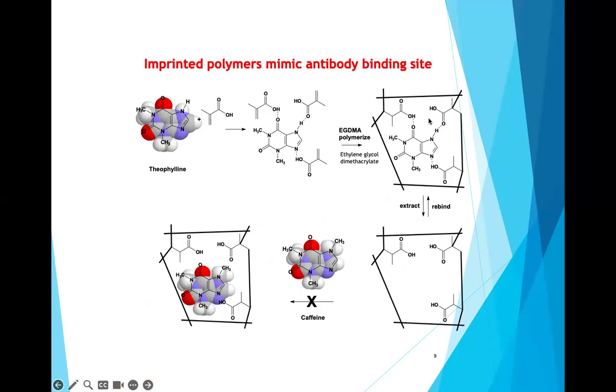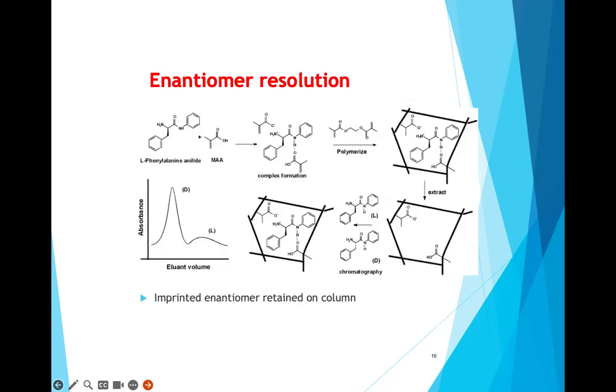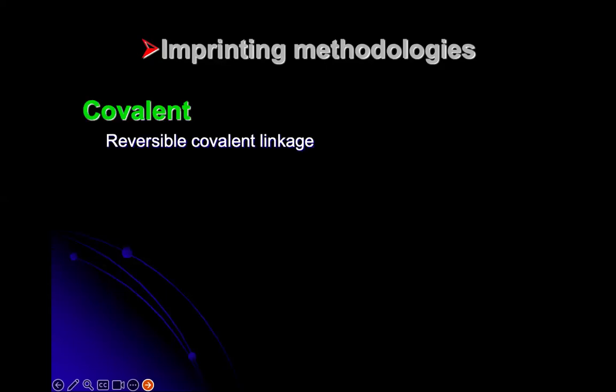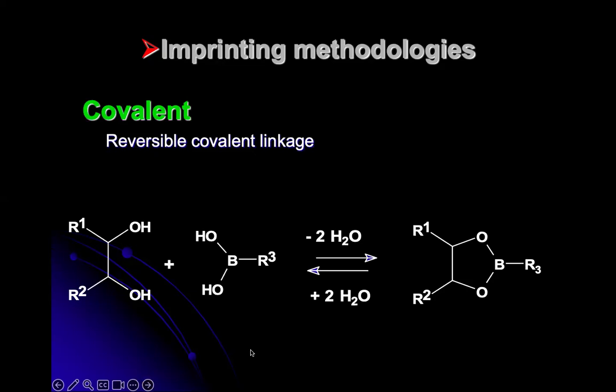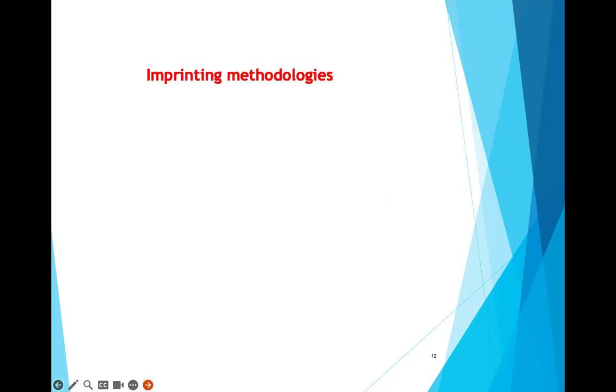Most of the time, as I mentioned, it is hydrogen bond. Why? Because hydrogen bond is easy for you to remove or cut, and then you can easily rebind. But of course, it can also be covalent. So this is an example, covalent. But the problem with covalent is that to extract, to reverse back the covalent bond, is quite difficult.